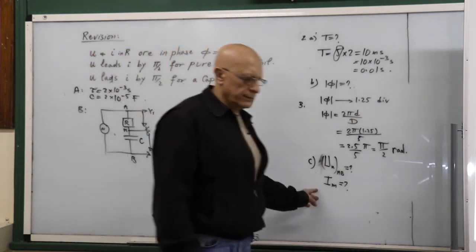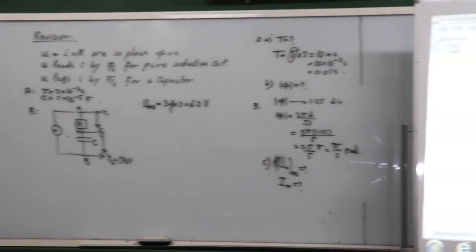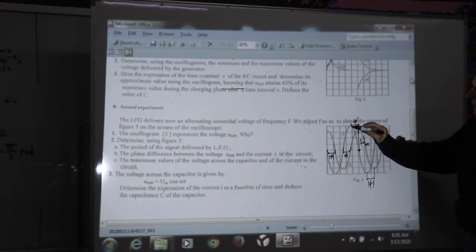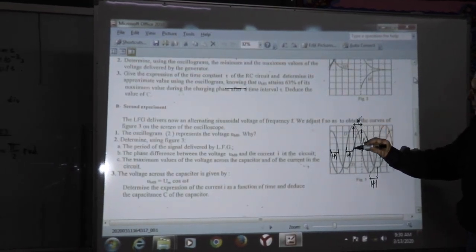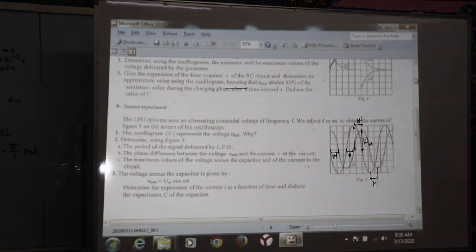How to find Im? We said that Im cannot be calculated directly. It is calculated from the voltage of UR. And the amplitude or the maximum voltage of UR is 4 divisions. So UR maximum gives me 4 times 2, 8 volt.